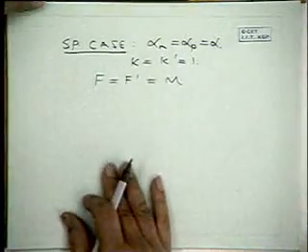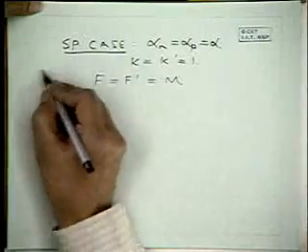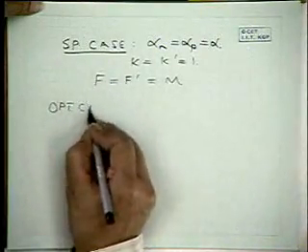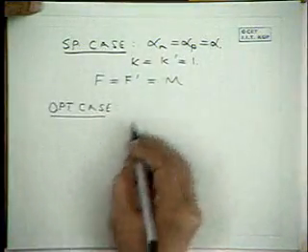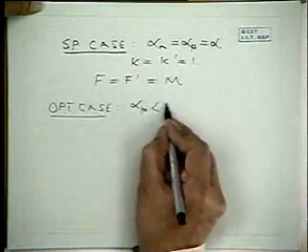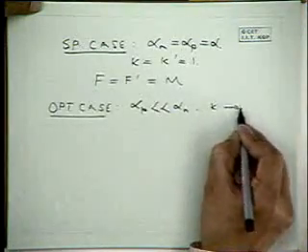However, suppose we take the other case, the optimum case, in which alpha p is much less than alpha n. So k tends to 0.